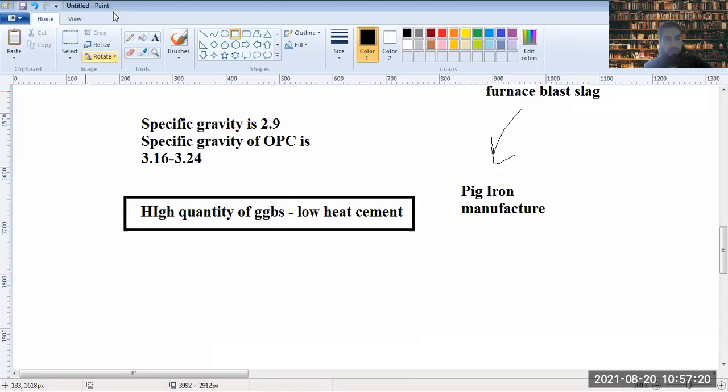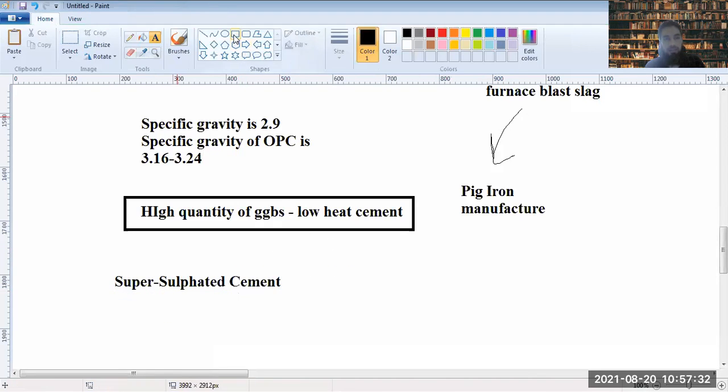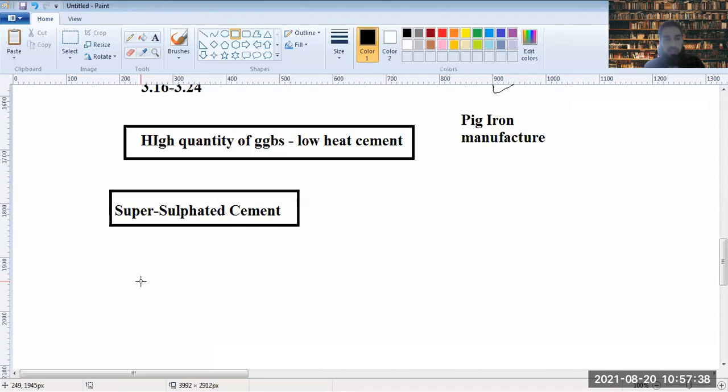You also have more types of cement like super sulfated cement. You had the sulfate cement, so this is just an addition to that, by decreasing the quantity, like in the case of sulfated cement. What did you have?